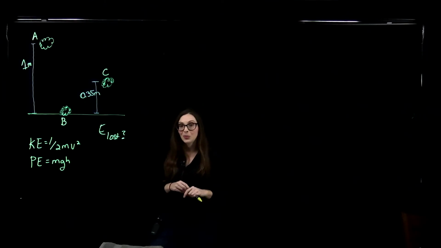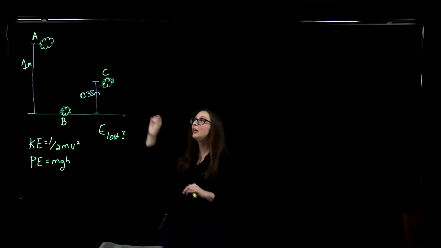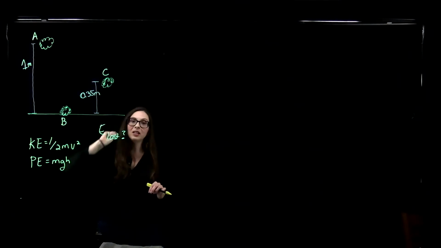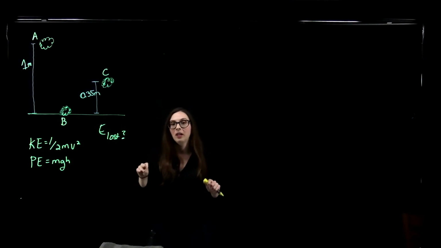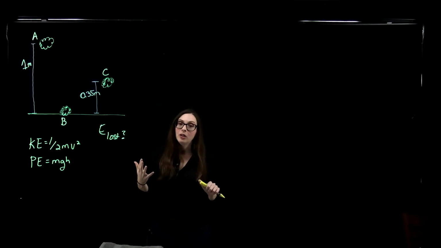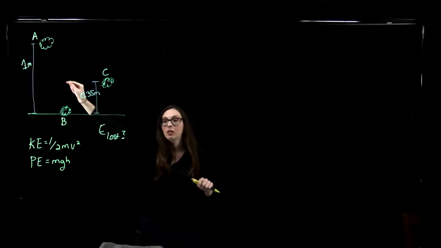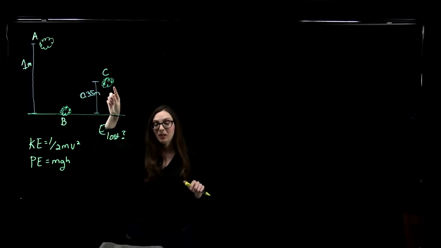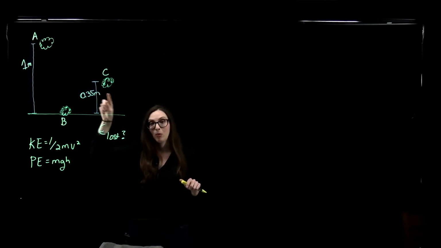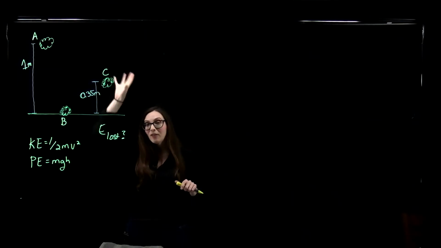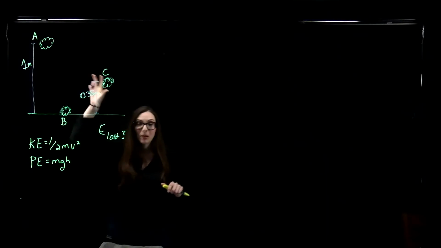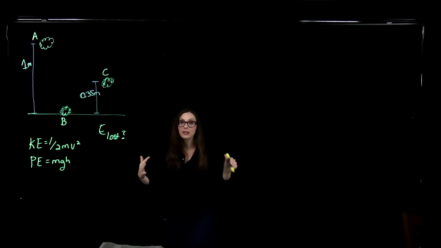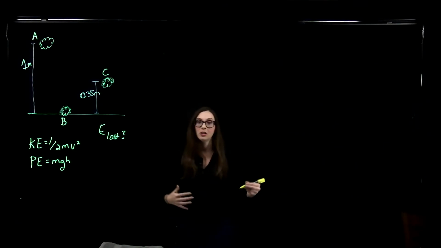We're going to figure out how much energy we lost. If we're going to compare just the energy that we lost during the collision, that means we compare the gravitational potential energy that the ball has when it's here at point A, and the gravitational potential energy of the ball when it's here at point C. So we find the gravitational potential energy at both of those places and compare them or subtract them, and we'll see how much energy we lost.